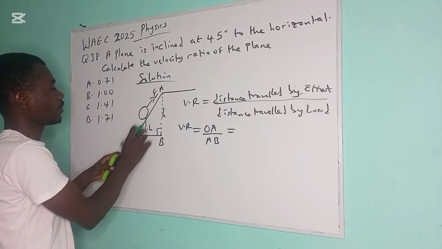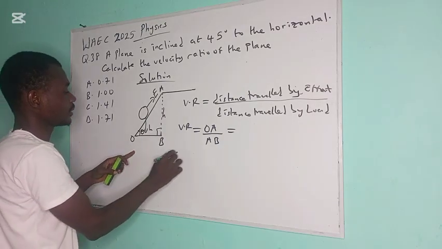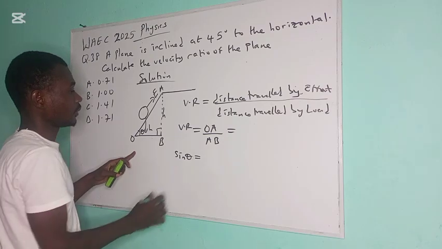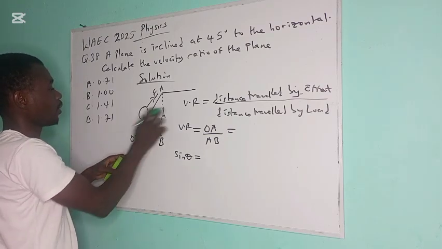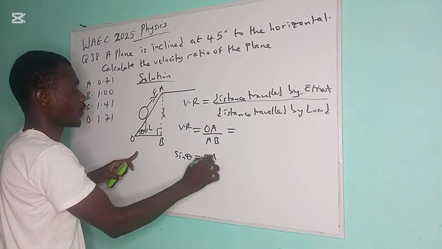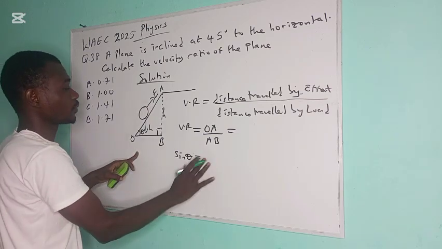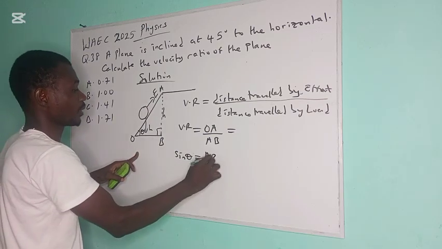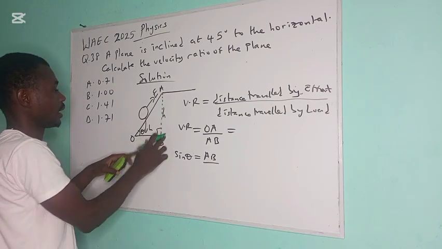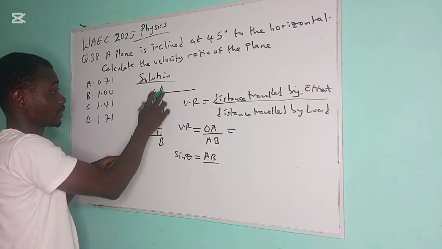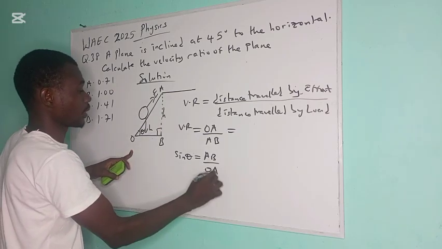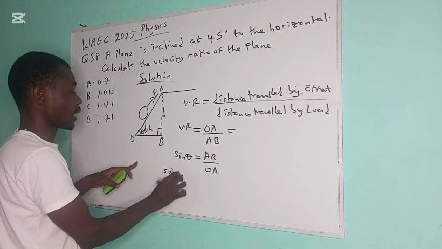You agree with me that sine theta is opposite, which is AB, over hypotenuse, OA. That is your SOHCAHTOA.